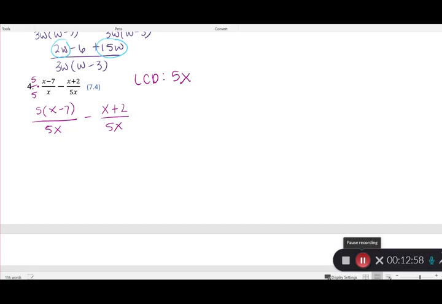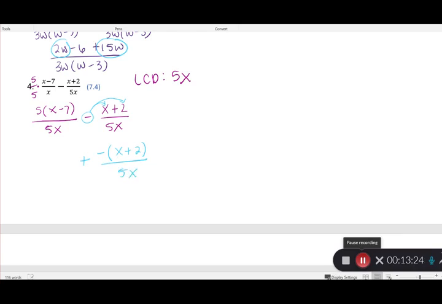Now, another tricky part about this one: when you have minus a whole fraction, you have to remember that this minus is distributed to both parts in the numerator. So what I like to do is rewrite this as plus, and then do minus with parentheses so that you'll remember to distribute it to both pieces.